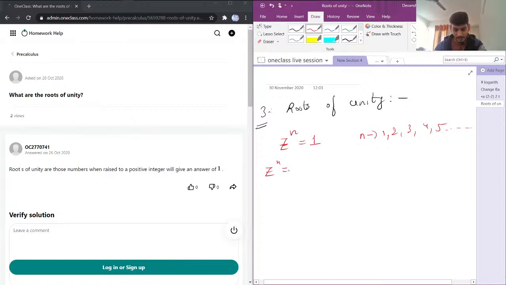If I further elaborate, then my z power n will be basically e power, if I write it in this complex form, e power i times 2 pi k, which will be equal to cos of 2 pi k plus i times sine of 2 pi k.